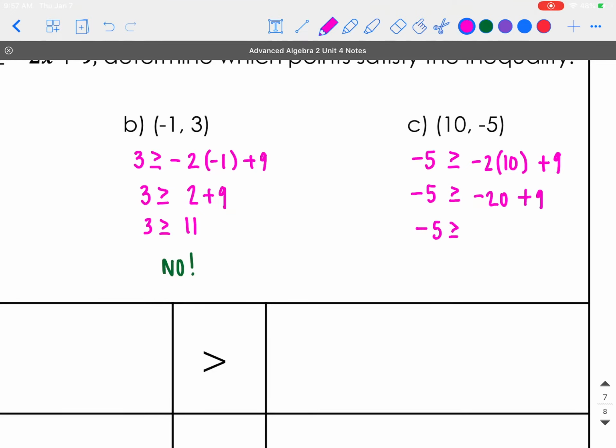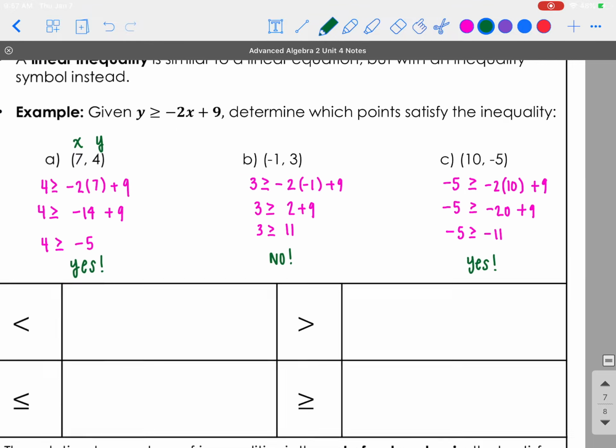Negative 5 greater than or equal to negative 11. Is that true? Yes. Negative 5 is bigger than negative 11. So that's how we see if a point is a solution to an inequality.